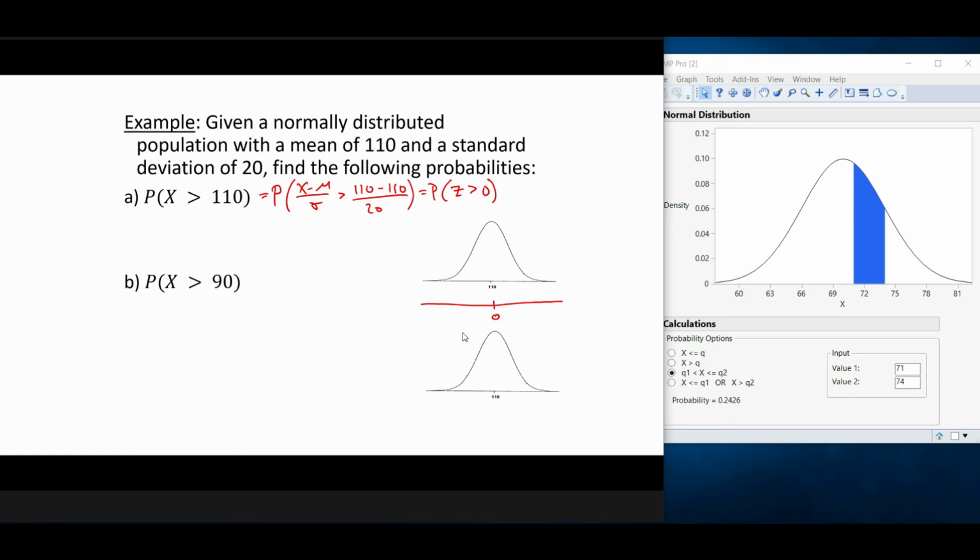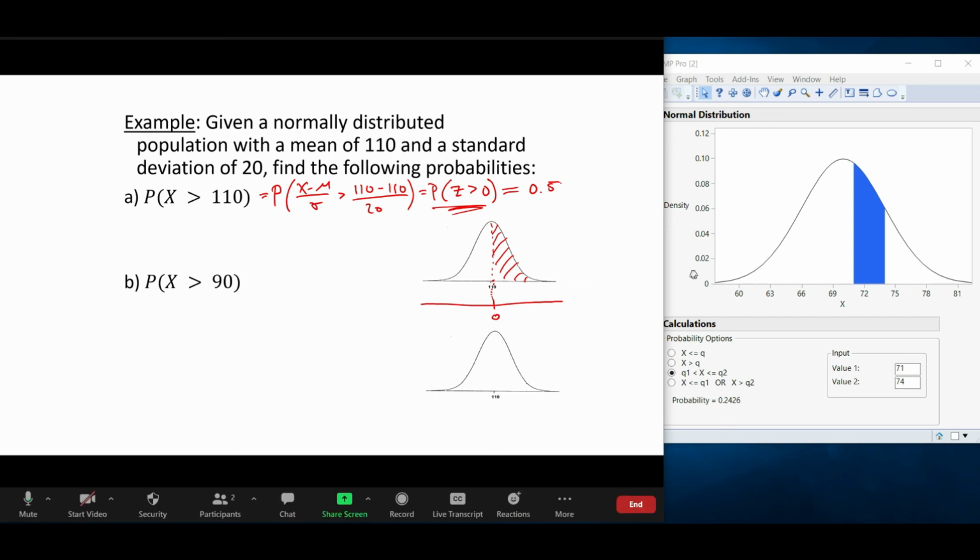So I'm really looking at all of the area that's greater than 0 in this standardized z-score. That really should just be 50% of the area, because of what we know about this normal distribution. It's symmetric about the mean. The area sums to 1.